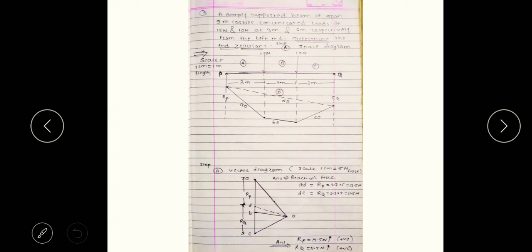Now after this, leave this diagram here and come to the vector diagram. So this is the vector diagram. In the second step, the vector diagram, we have to consider the scale again, but the scale should be for the forces. In the space diagram you can see the 15 Newton force is vertical and the 10 Newton force is also vertical.